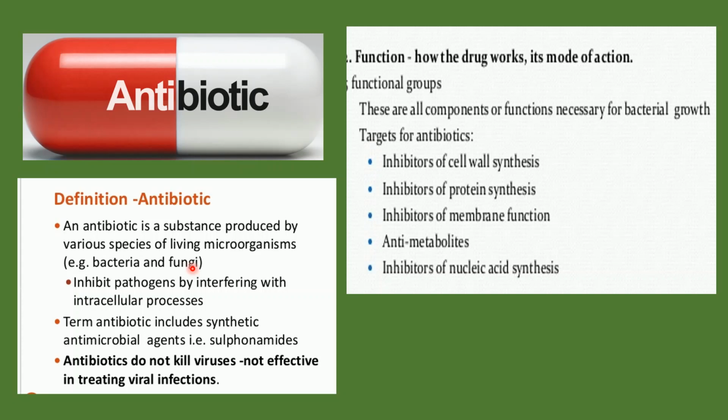Am I clear? So that's why we don't find any antibiotics for viral infection. Why? Because they lack a cell wall, and not only do they lack a cell wall, but they also don't have many biochemical pathways. Hence, antibiotics are recommended for mostly bacterial and fungal infections.